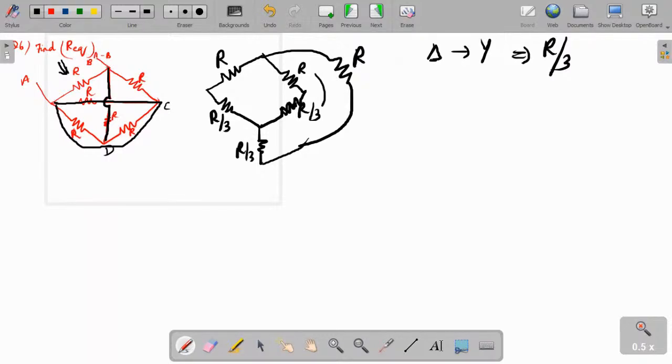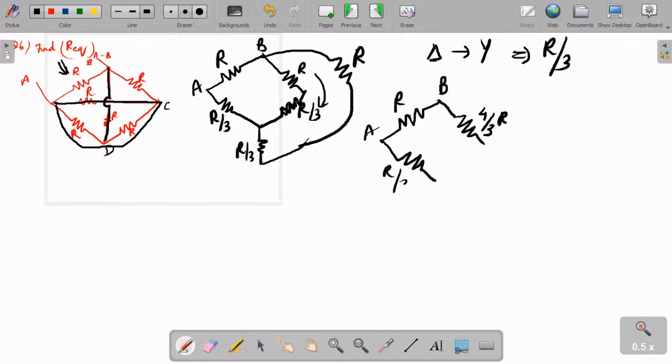Okay, so these two are in series. So ippo network eppadi simplify aagum? So this is AB terminals. So this is R, this is network AB node. So inga rendu resistance they are in series. So resultant will be R plus R by 3, which is 4 by 3 R. Then here indha R by 3 appadiye thaan irukkum. Similarly indha R by 3 and indha R vandhu series.